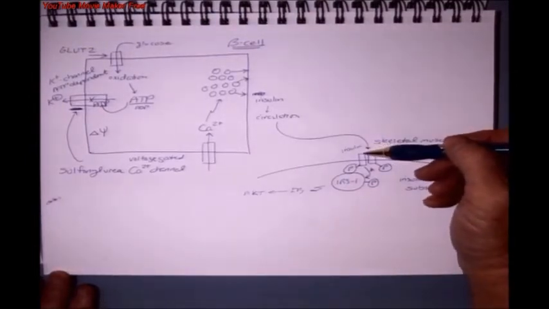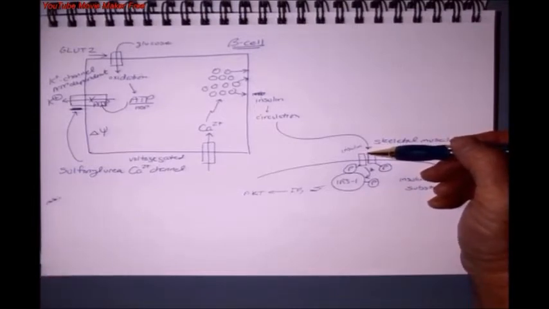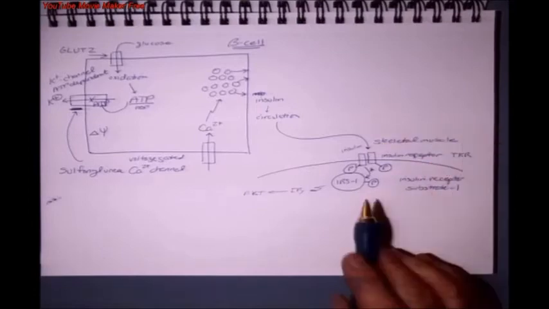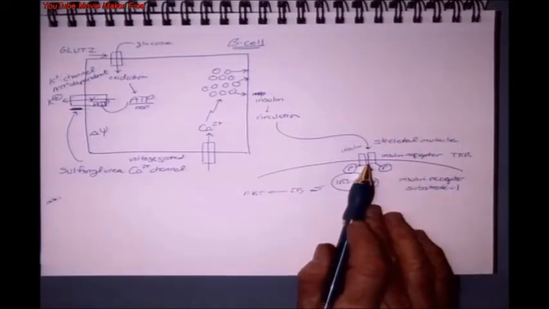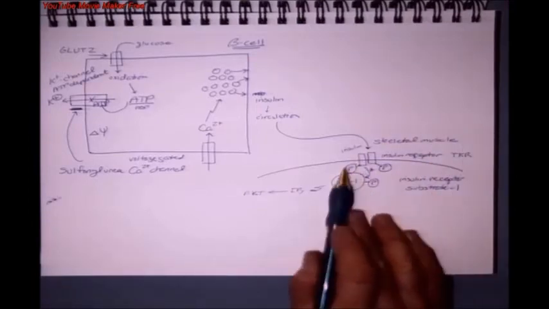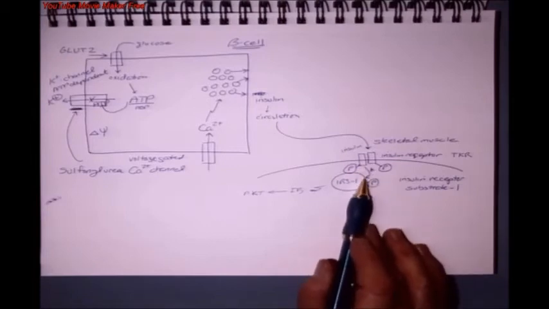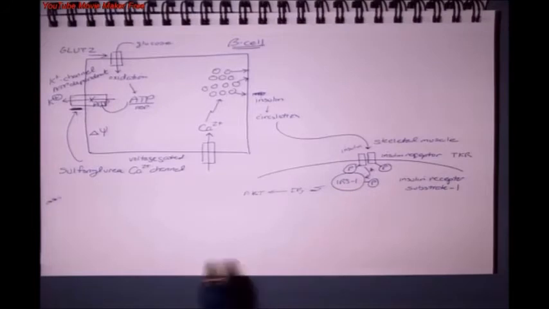In fact, in early stages of diabetes, they tend to be hyperinsulinemic because their beta cells are trying to push out more insulin. They can still bind to the receptors. The receptors can still phosphorylate, but the transmission of information from receptor to IRS1 is defective. And so all of this signaling events downstream become blunted, and hence insulin resistance.